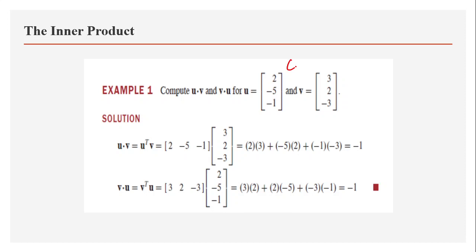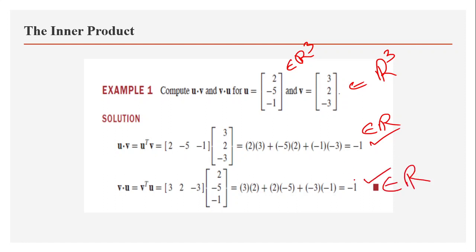This u belongs to R3 and this v belongs to R3, and we have to find u dot v and v dot u. So u dot v is u transpose v, and you will get -1, which belongs to the set of real numbers, a scalar. Then v dot u is v transpose u, and again this -1 belongs to the real numbers.